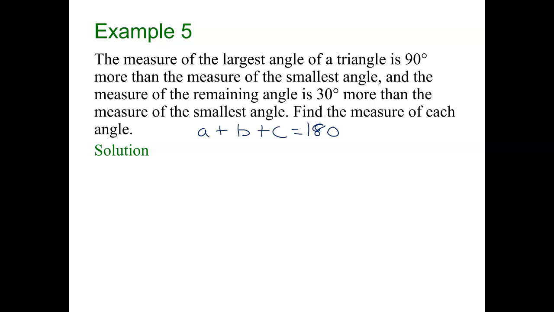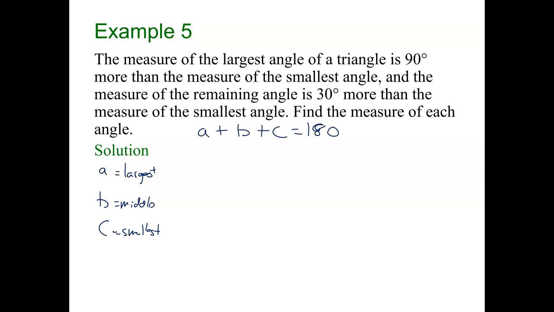So I have angle A, angle B, and angle C, and I have to define my variables. A is the largest angle, B is the middle angle, C is the smallest angle. The measure of the largest angle is 90 degrees more than the smallest.